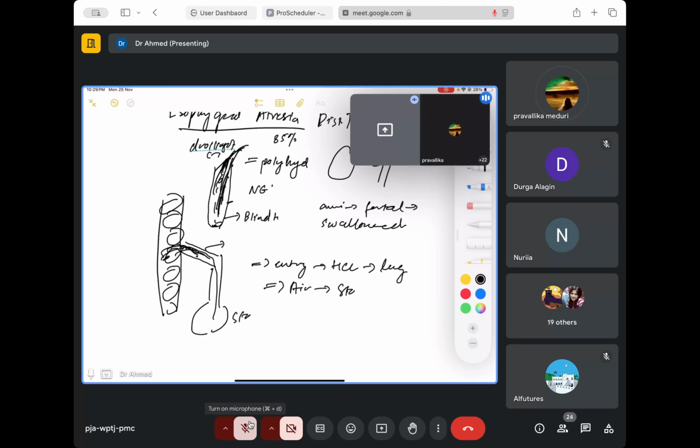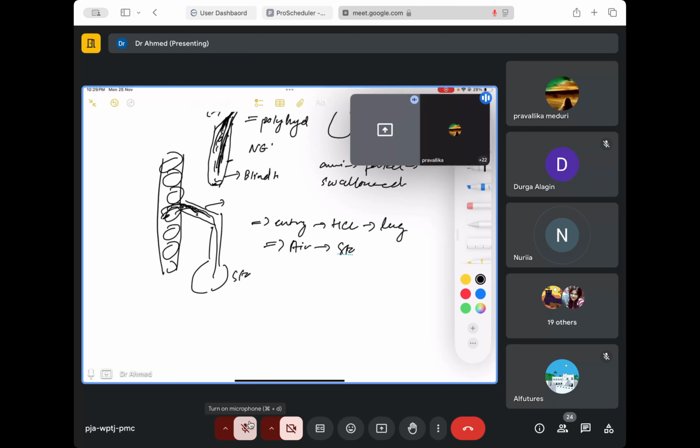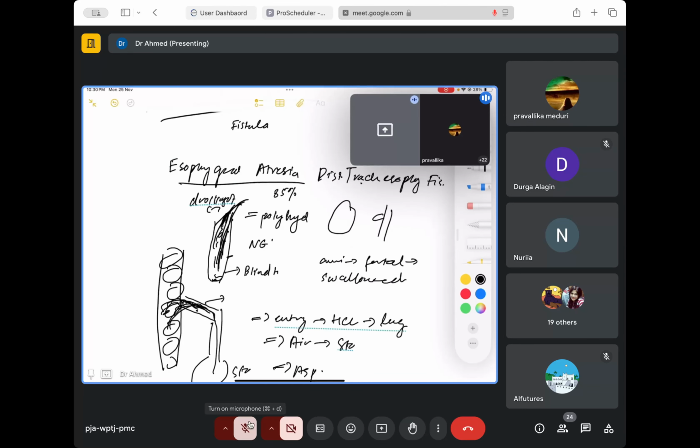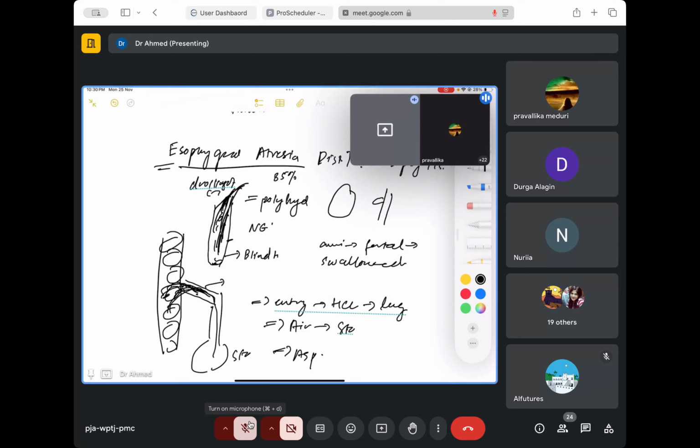So we are going to see a distended stomach because air enters your stomach. Secondly, we can also see aspiration pneumonia. If the HCl is constantly moving into your lungs, it can give you aspiration pneumonia, right? Okay, so this was all about it. You are going to see a lot of MCQs on this condition, esophageal atresia with distal tracheoesophageal fistula.